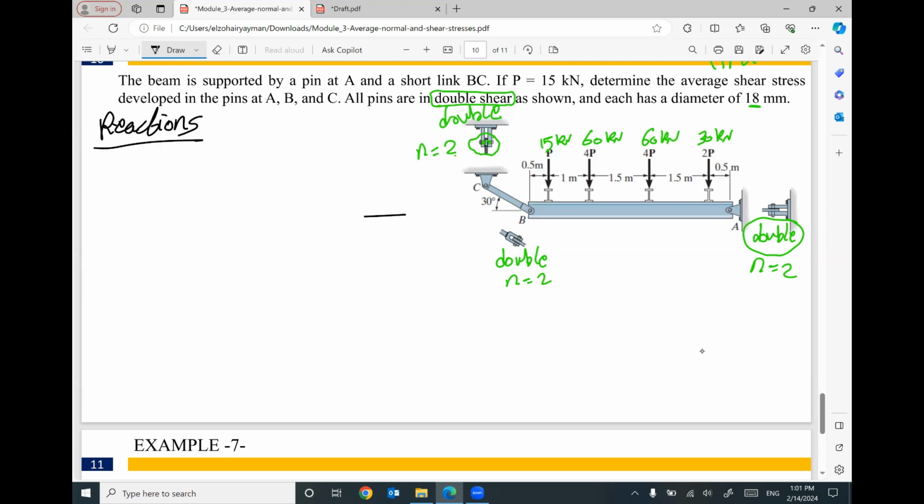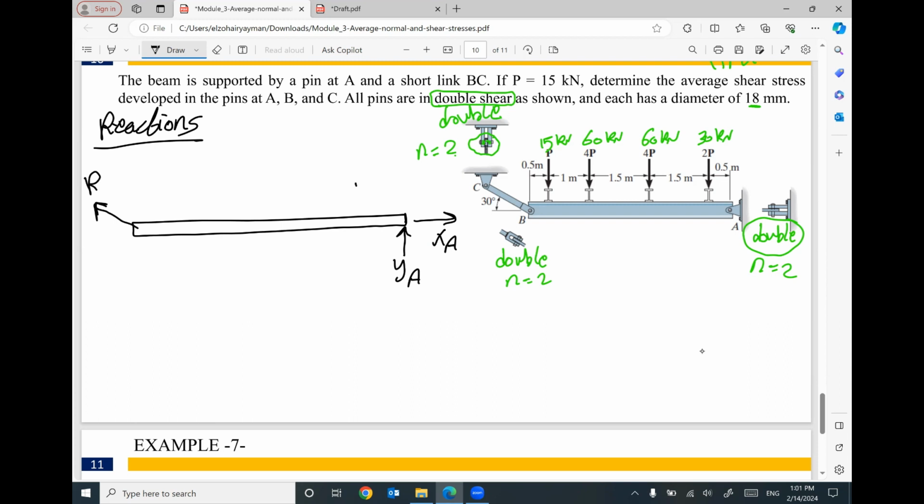Keep in your mind, this beam is supported at A with a hinge. That means we will have two reactions, YA and XA. At B, we have a member BC, so I will have a force or a reaction R in member BC.